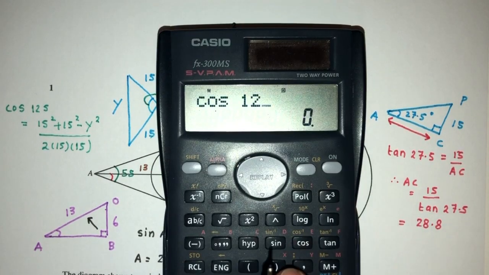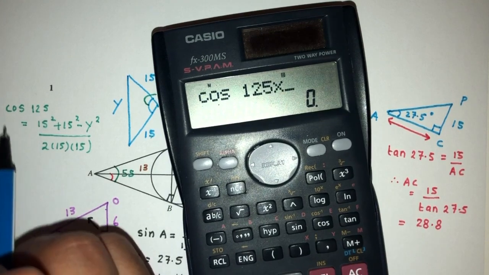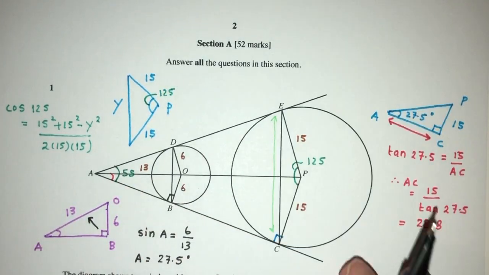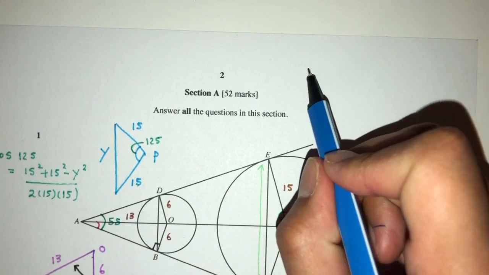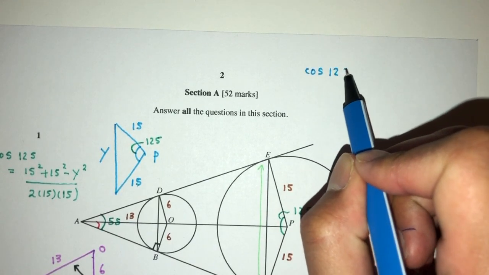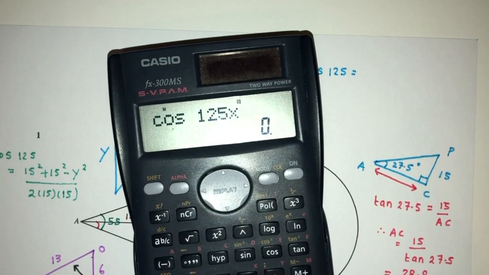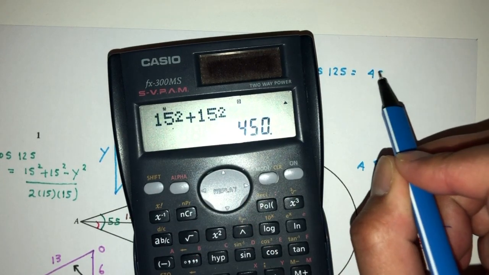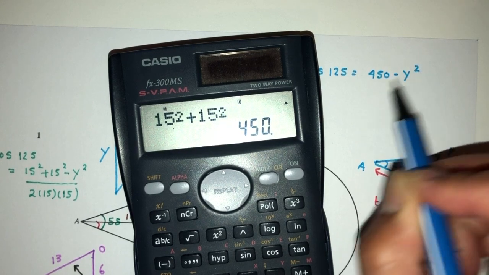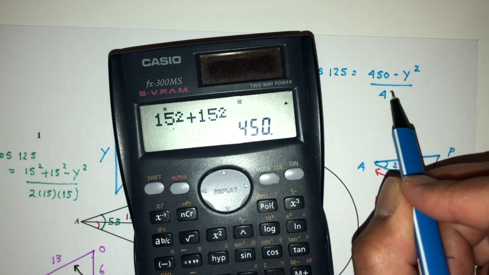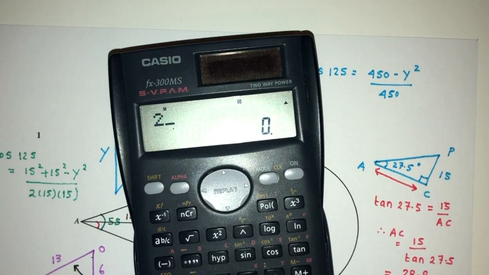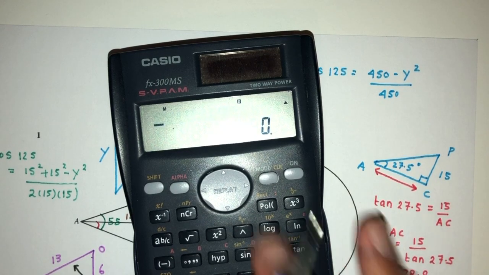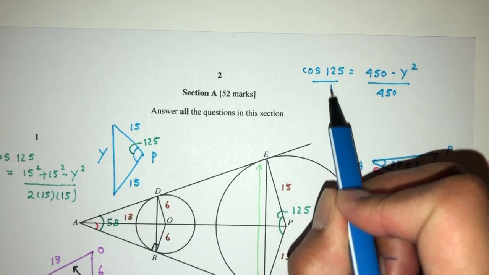Cos of 125 times, so basically we are trying to cross multiply here. Let me write this down again. So here we have cos of 125 equals 15 squared plus 15 squared, that will be 450, minus y squared, over the value of 450, because 2 times 15 times 15 is the same thing, right? So now we have to cross multiply.